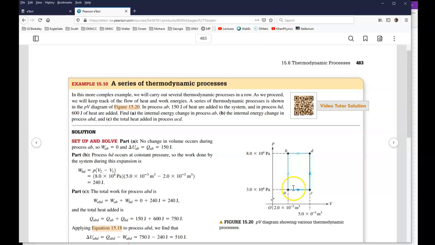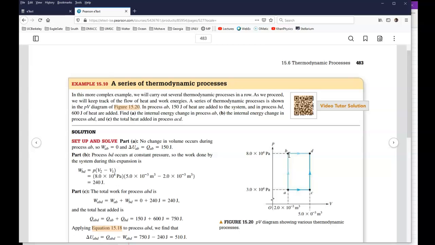And then the other one is in dark blue, and then the other one is in light blue, from A to B and D. He should have put different colors, but he put them both in blue, which is kind of silly. Anyway, he said a series of thermodynamic processes is shown on the PV diagram. In process AB, 150 joules of heat are added to the system. So from here to here, 150 joules is added to the system.